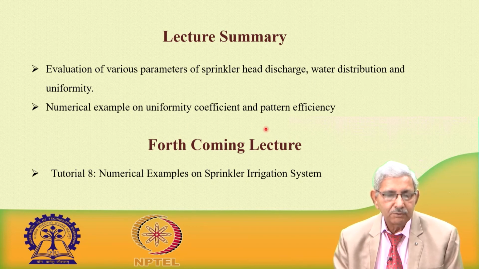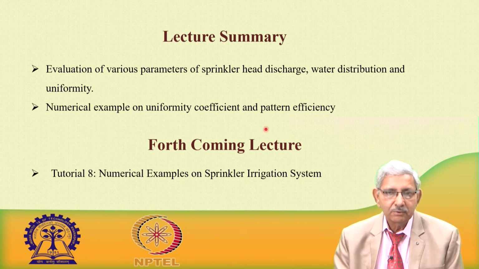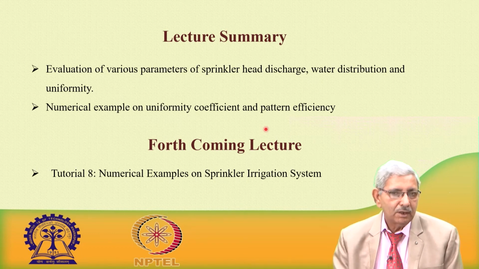We also worked out one example to make it clearer how to find the uniformity coefficient and the pattern efficiency. So, you learnt about this, and in the forthcoming lecture we will work out numerical examples on the sprinkler irrigation system.